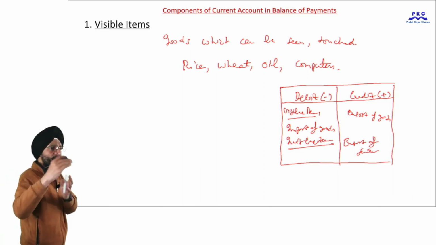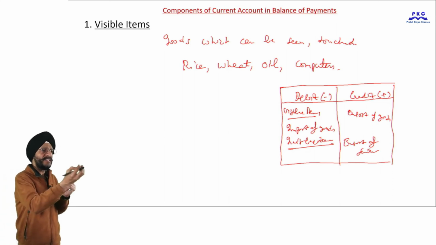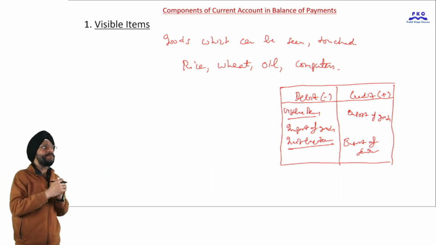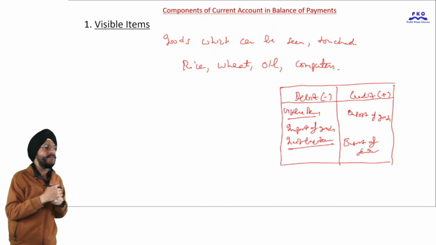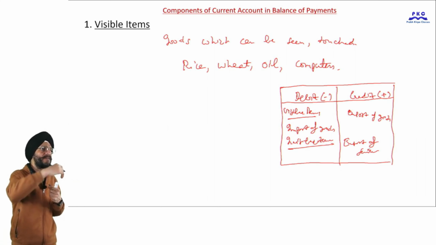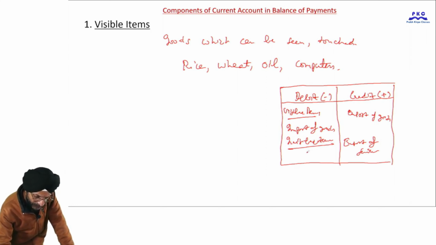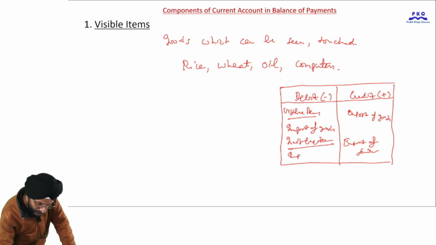When we import services, such as banking and insurance from other countries, what happens? Foreign exchange goes out. So import of invisible items is recorded on the debit side, import of services.